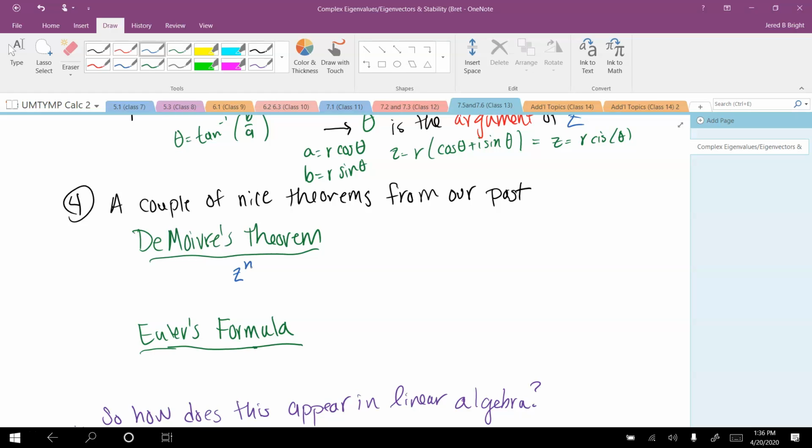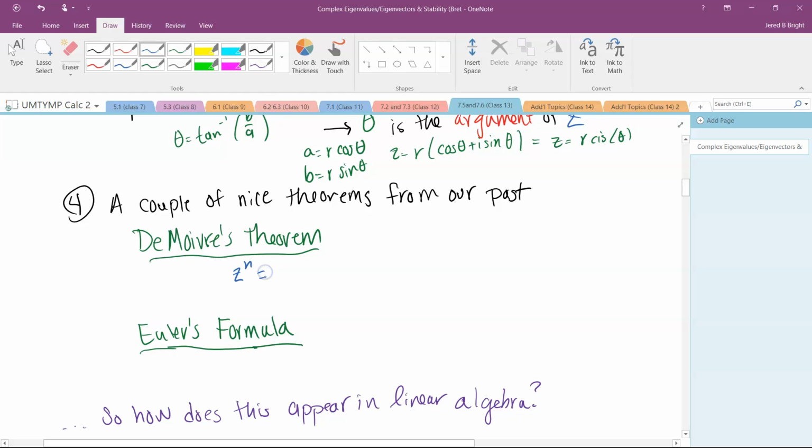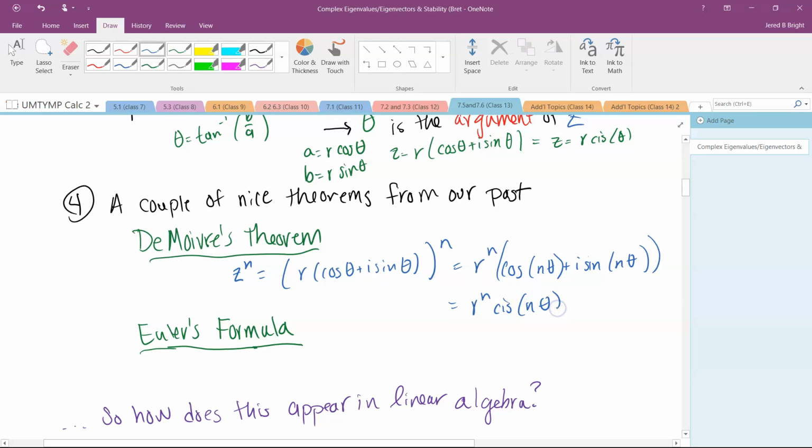A complex number z raised to the power of n, where z is r times (cosine theta plus i sine theta), according to de Moivre, is the same as r to the n times (cosine of n theta plus i sine of n theta), or put more succinctly, r to the n cis of n theta.